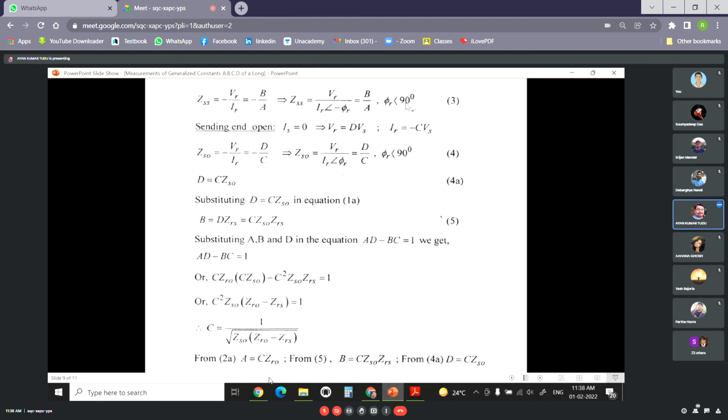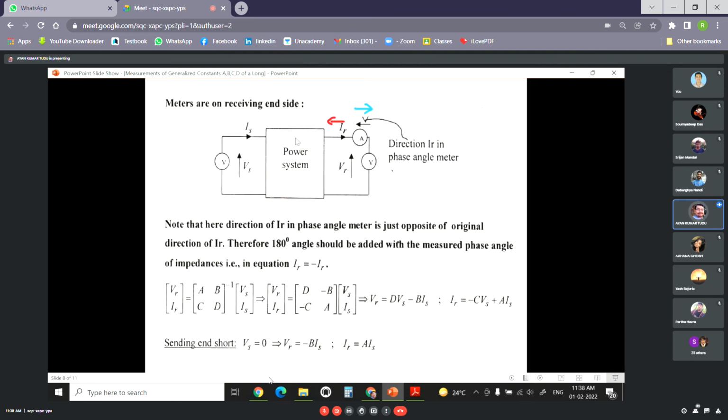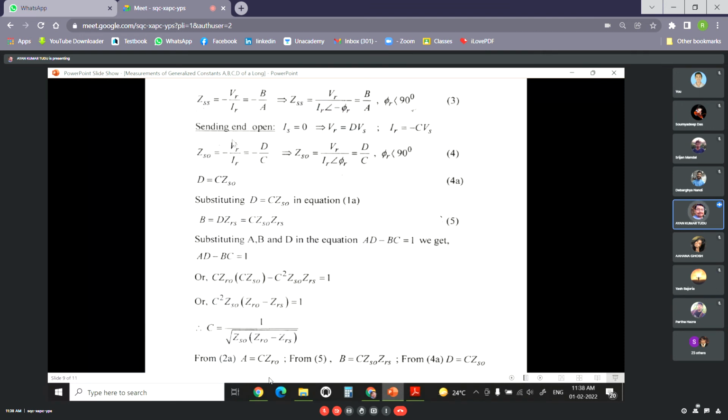Yes, sir. Okay. Now the sending end open: what will happen when we talk about sending end open? Then IS would be equal to 0. If IS is equal to 0 and we put it in this equation, VR equals D VS, and IR equals minus C VS. So for sending end open, we have ZSO equal to minus VR by IR, so it would be minus D by C. Again, using the same logic that IR should be equal to minus IR, that is, there is actually a 180-degree phase shift.